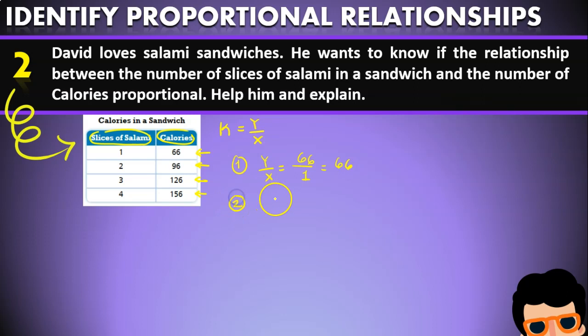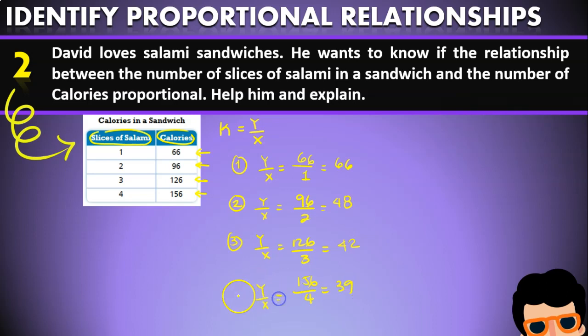Then on the second one, we have the amount of calories, which is 96 divided by 2. And that is already not going to give us the same answer, so that's 48. Then we have y divided by x, that is 126 divided by 3. So 126 divided by 3 is 42. And 156 divided by 4 is going to be 39.